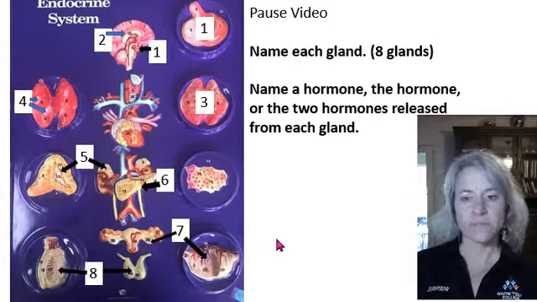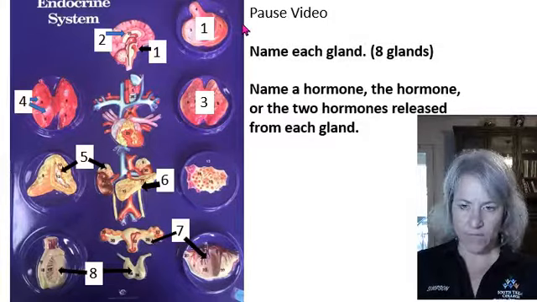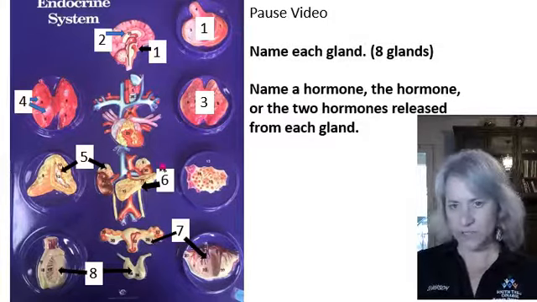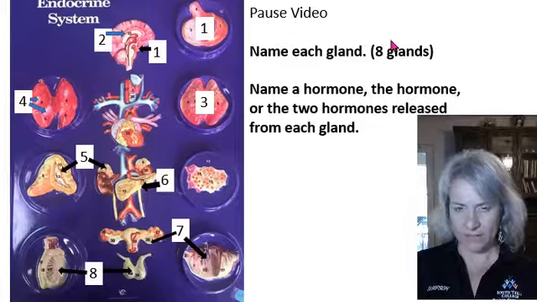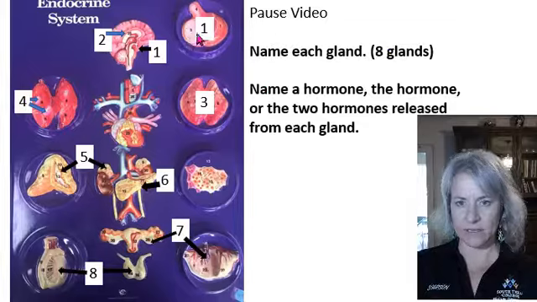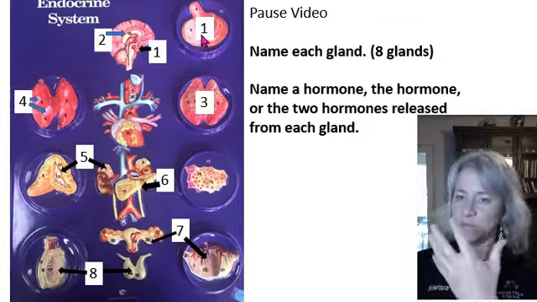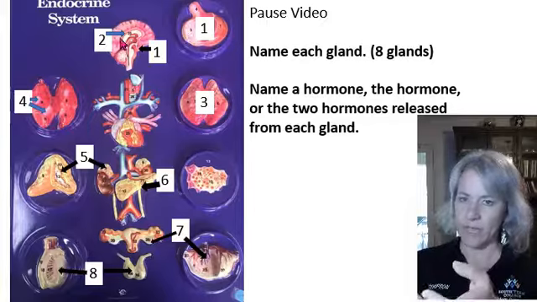Okay, you're going to need to be able to, on the test, identify and name all the endocrine glands, which there's 8 of them, and be able to tell me, for the pituitary gland, what is the hormone that I wanted you to know comes from the pituitary gland.